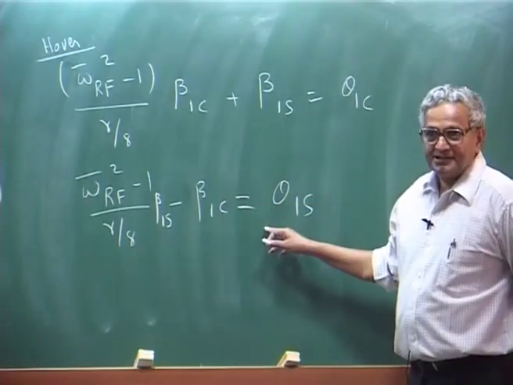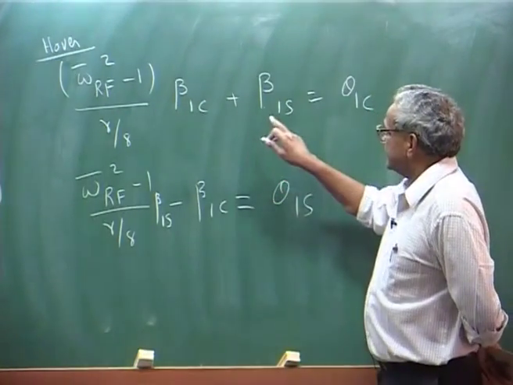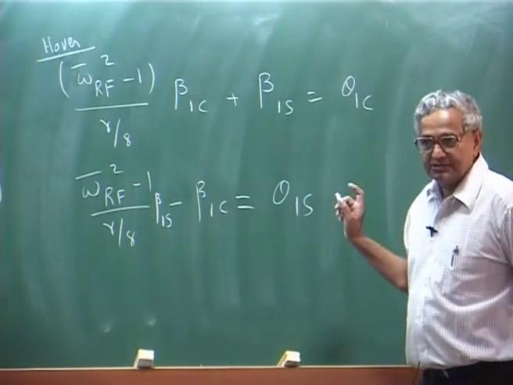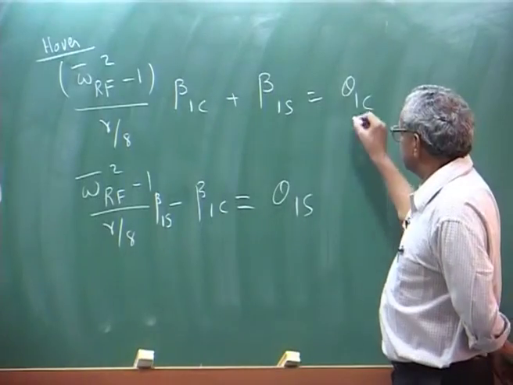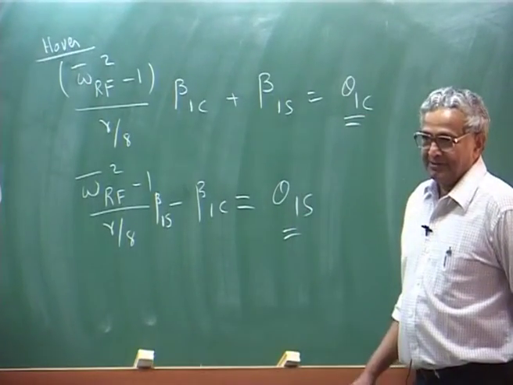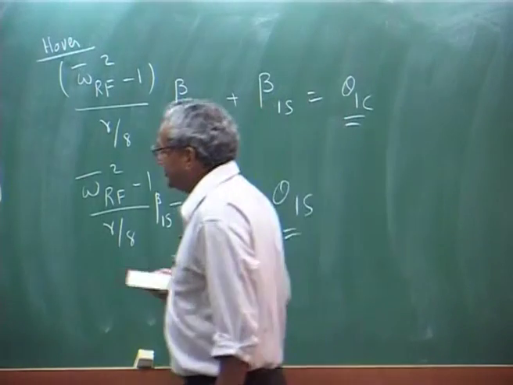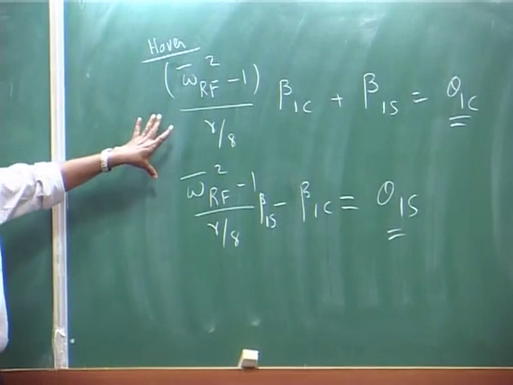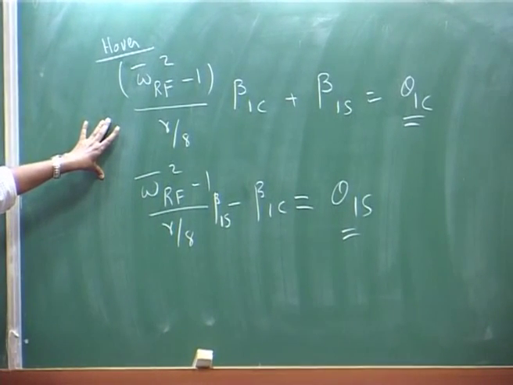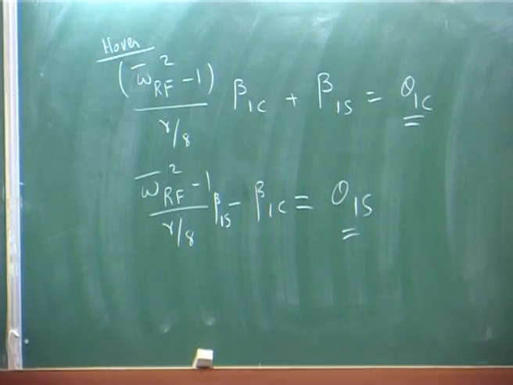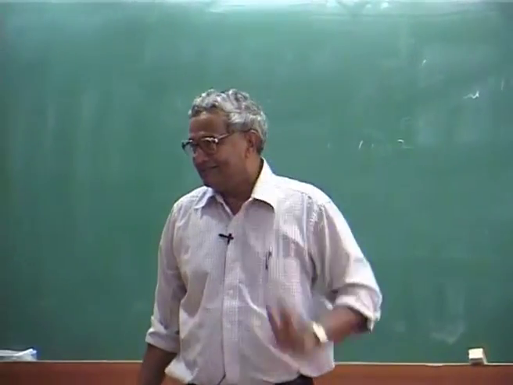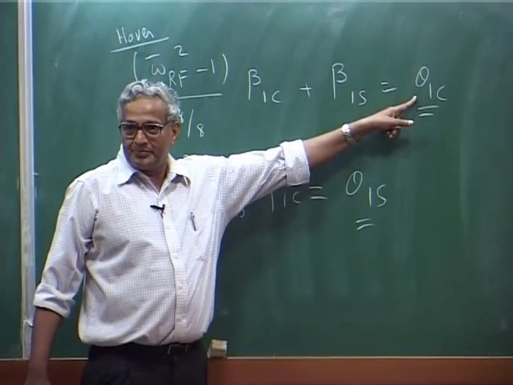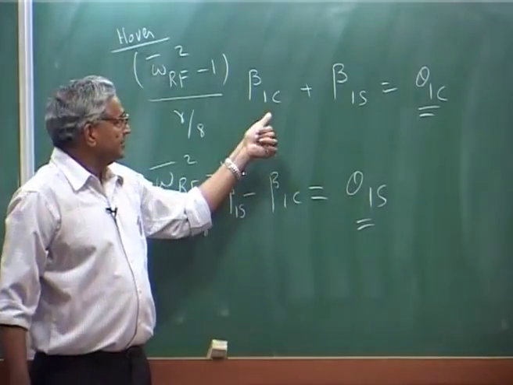You can solve for beta 1 c and beta 1 s from these two equations, because your control input is this and this. Now, if you write that, I will just briefly see from these two equations, you see that there is a coupling between longitudinal and lateral, in the sense, if I give theta 1 c, I am having these two.